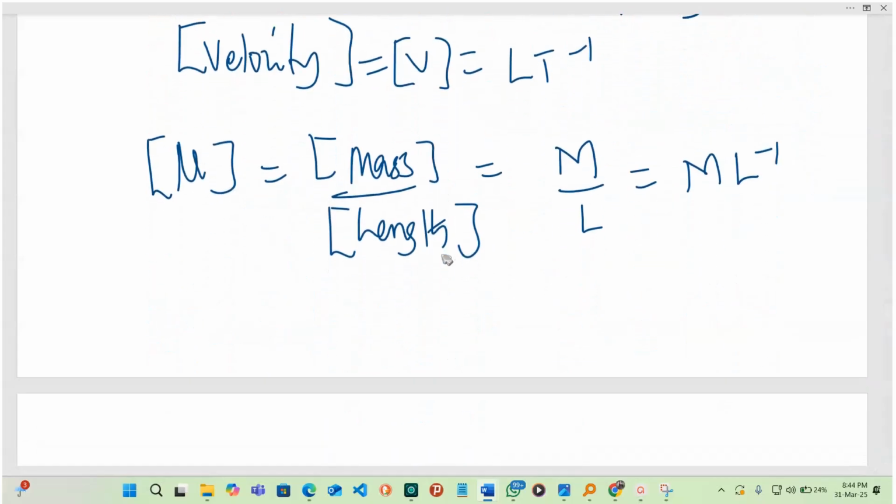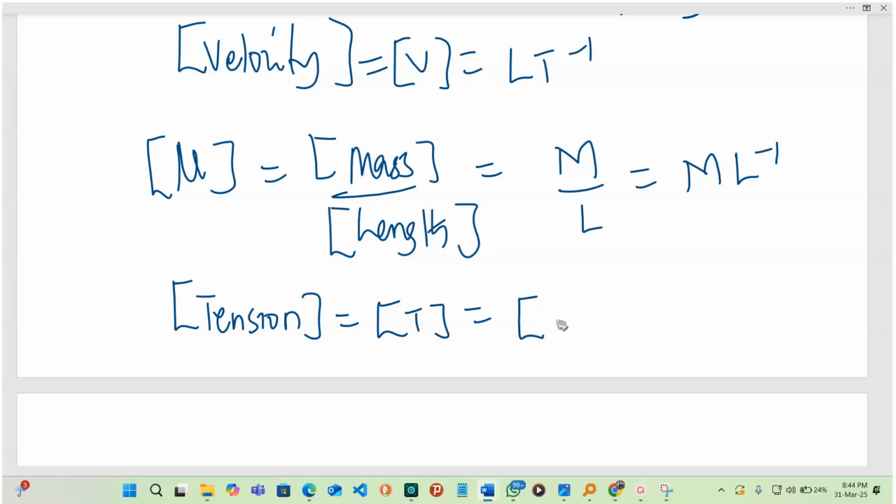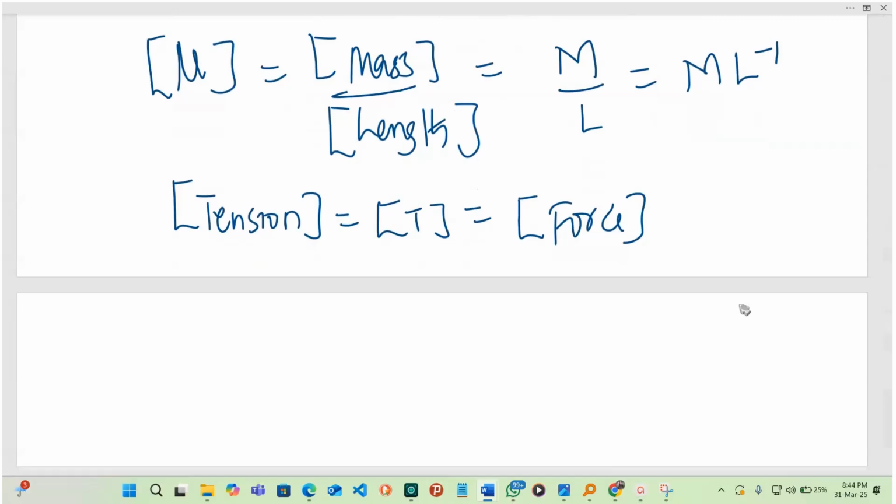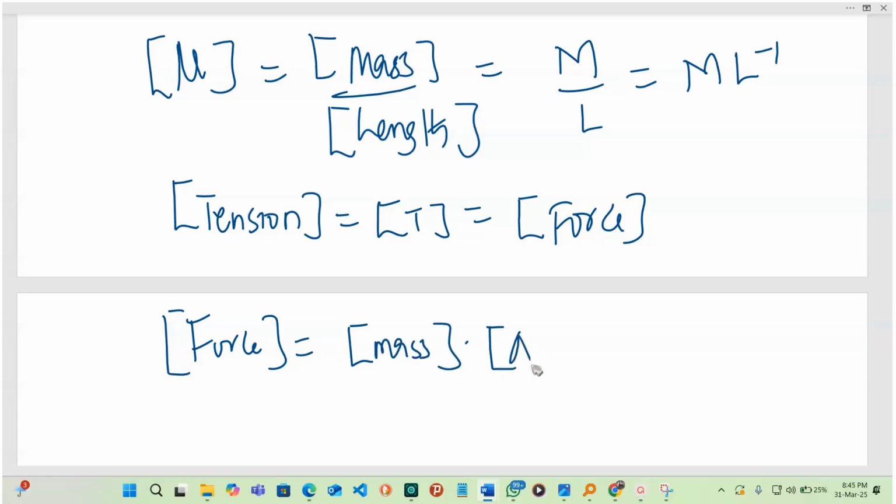Then what about the dimensions of tension, the dimensions of T that we're talking about here? This is the same as the dimensions of force, because tension is the same as force. But now what about force? We know that the dimensions of force equal the dimensions of mass times the dimensions of acceleration.